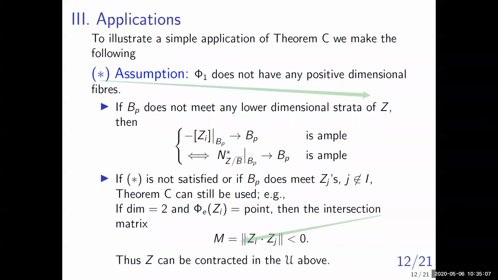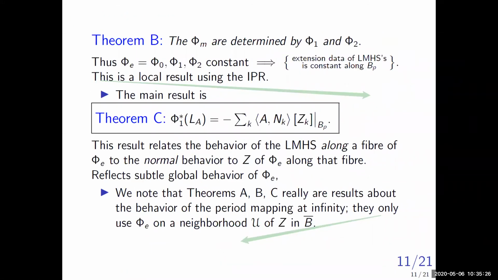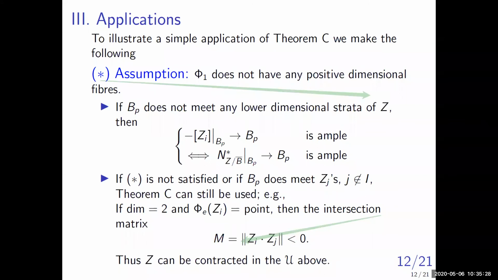So basically what that means is that the variation of Hodge structure does not extend over the branch at infinity. Then this result here can be used to show that the intersection matrix of the components at infinity is negative definite.